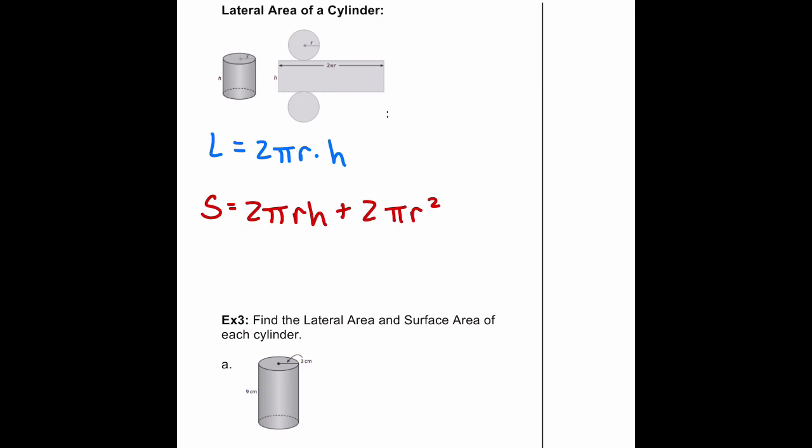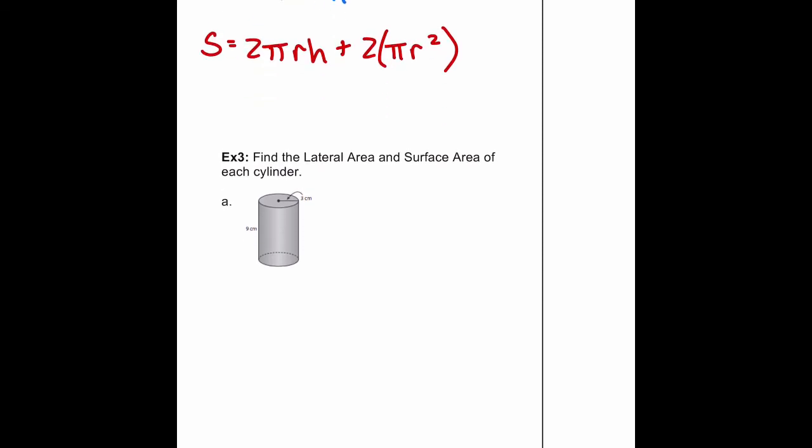I put these in parentheses so you can see that there are 2 circles there. So let's take a look at the first one. L equals 2 pi r h. That's 2 pi times the radius, which is 3, times the height of this figure, which is 9, and that gives me 54 pi. I'll leave it in terms of pi for now, and that's centimeters squared.